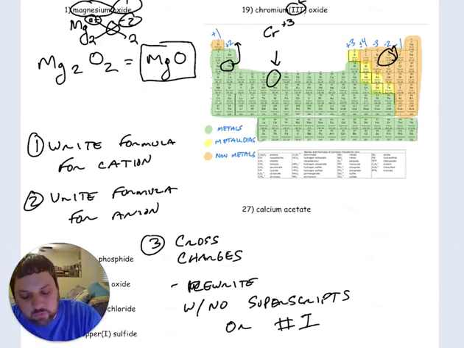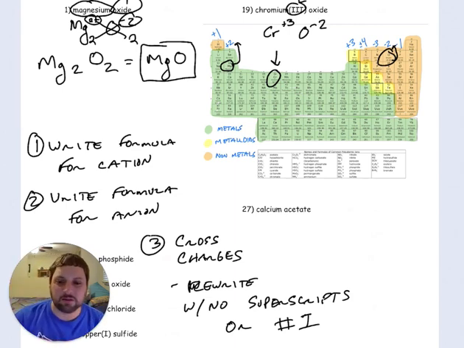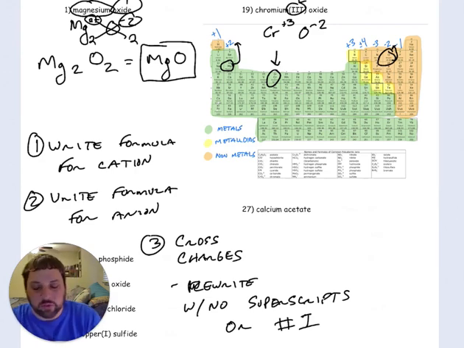Next step, write the formula for the anion. O minus 2. We just did it in number 1, but if we wanted to do it again, we'd go to the periodic table, we'd go to the top of oxygen, and we see it's -2, and finally, we cross our charges and rewrite with no superscripts, no numbers on top, or the number 1. So the 3 from chromium comes to the bottom of oxygen.